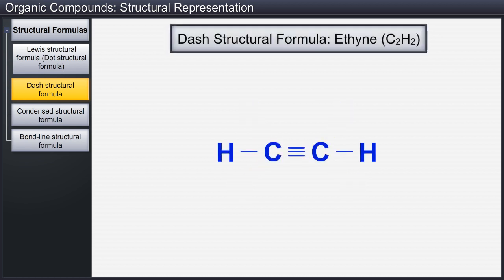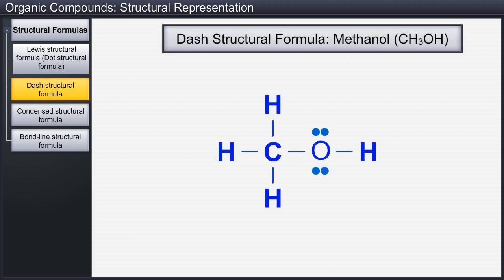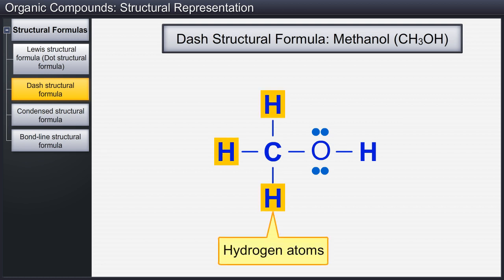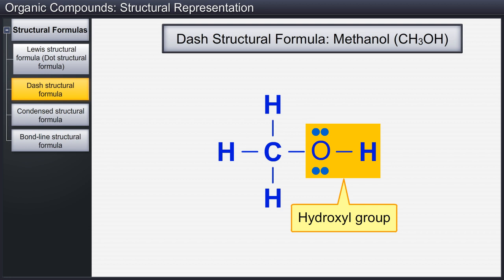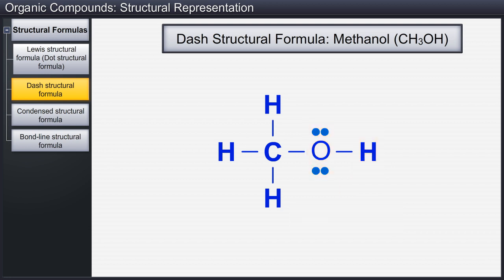In ethyne, 2 atoms of carbon are connected with a triple bond, and 1 hydrogen atom is attached to each carbon by a single bond. In methanol, carbon is attached to 3 hydrogen atoms and 1 hydroxyl group. 2 lone pairs of electrons present on the oxygen atom of the hydroxyl group are represented as shown here.